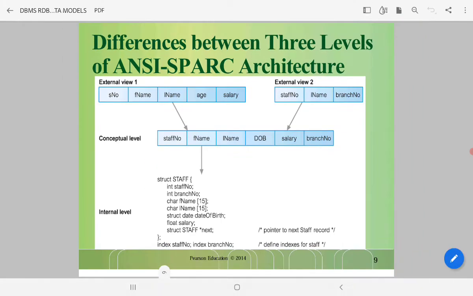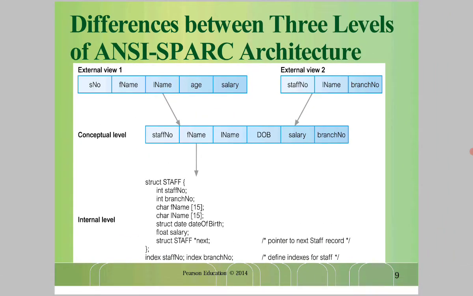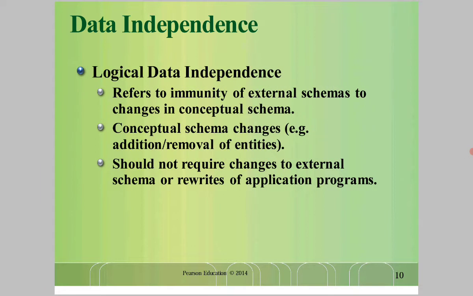This slide explains the different levels of the diagram. Another feature of DBMS or 3-level architecture is data independence. Logical data independence refers to the immunity of external schemas to change in the conceptual schema.